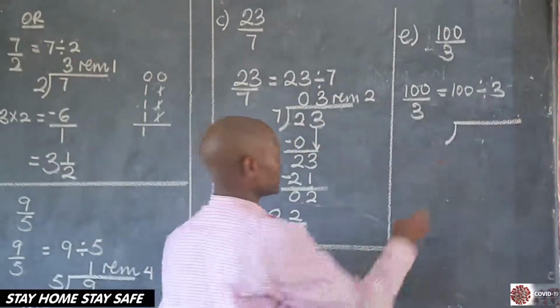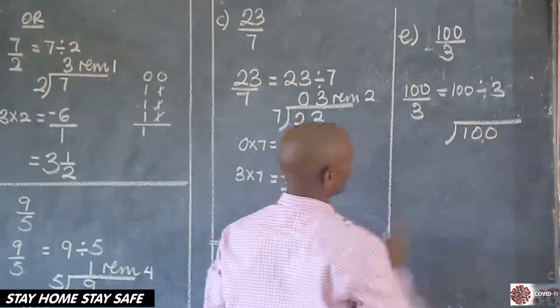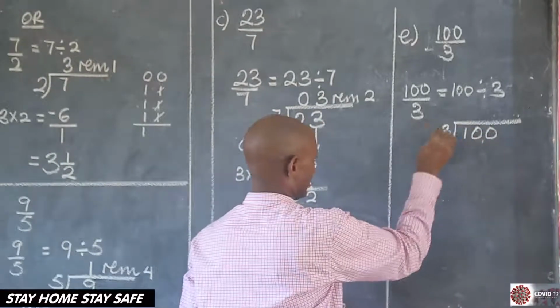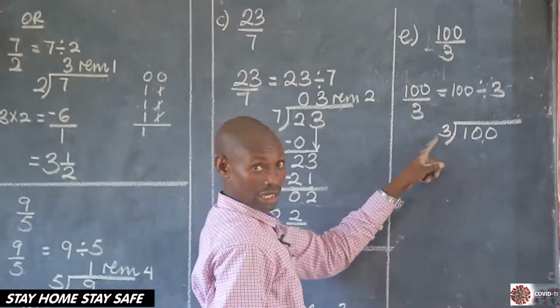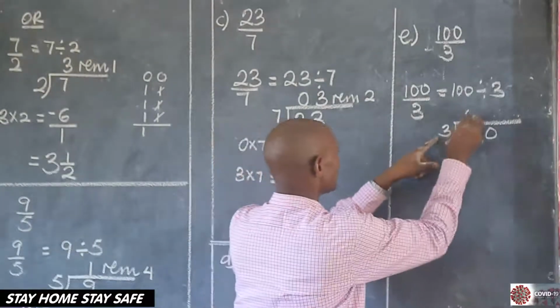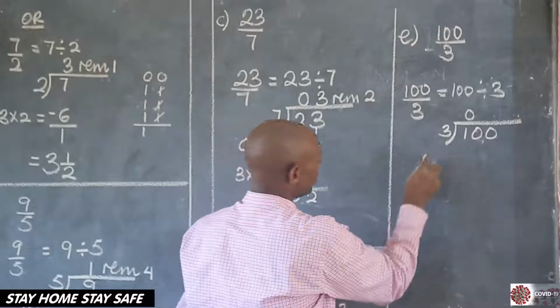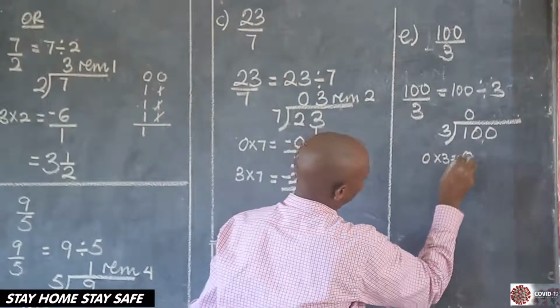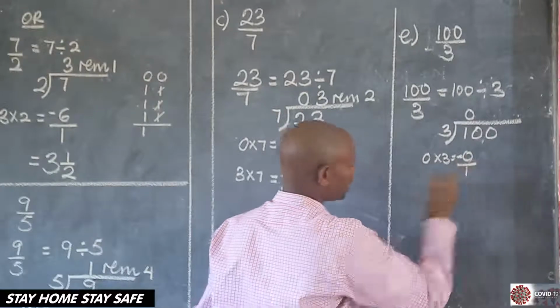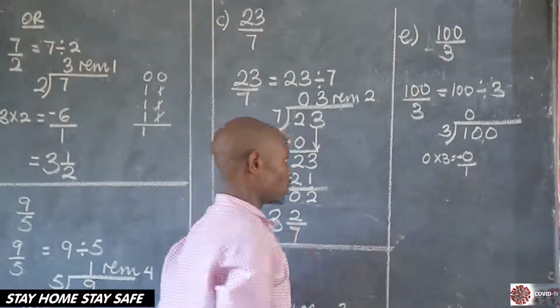What do we put inside? 100. Outside, 3. 1 divided by 3, 1 is smaller. So if it is smaller, you write a 0. So 0 times 3, we are getting 0. And when we subtract, we get that very one.